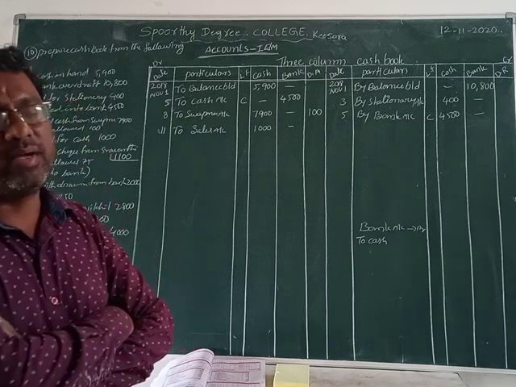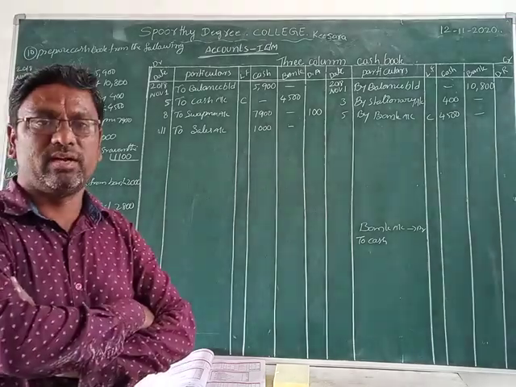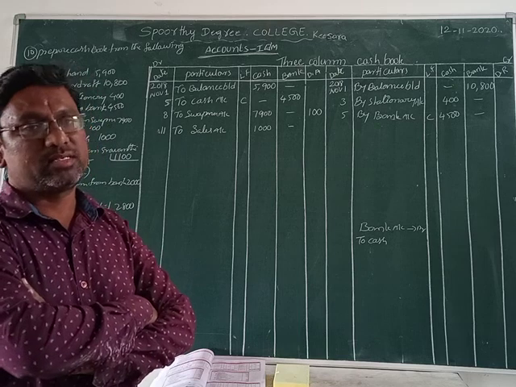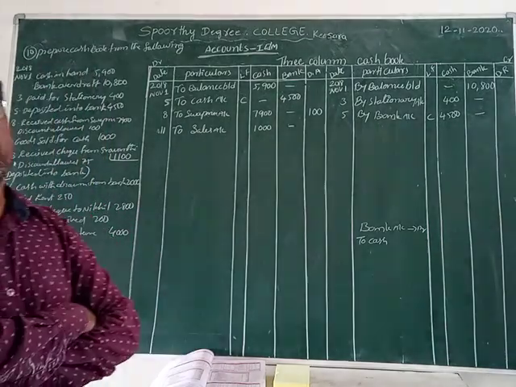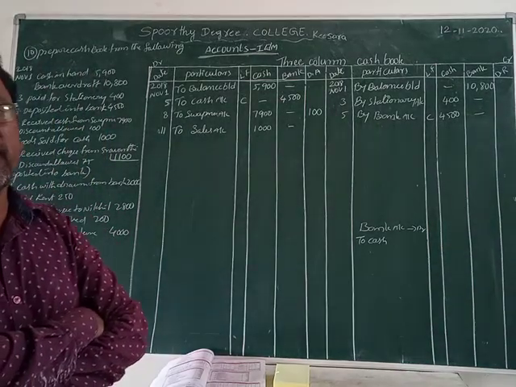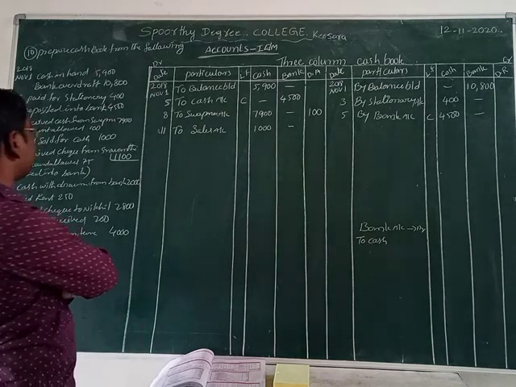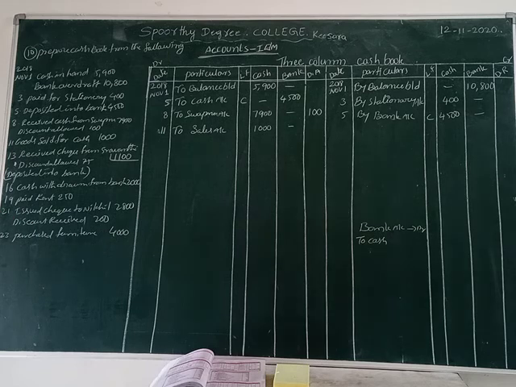Debit side. Why? Because what comes in is debit. So the bank is the receiver now. Bank is which account? Personal account. Debit the receiver and credit the giver. So debit is receiving that amount, 1100, and that's why we record into the debit side.